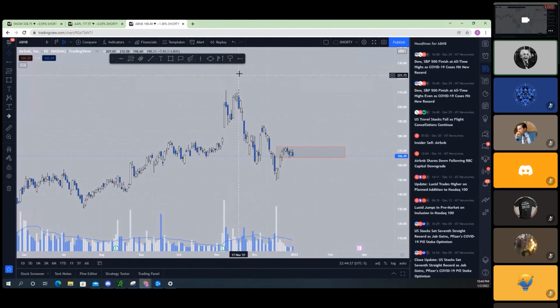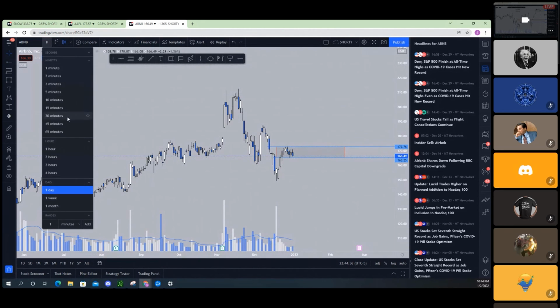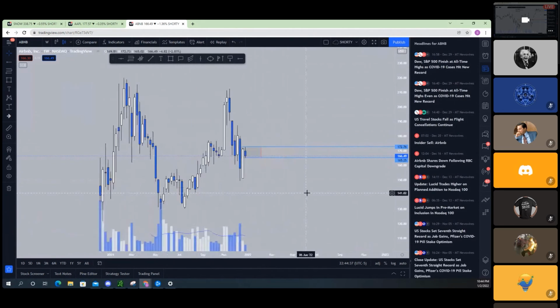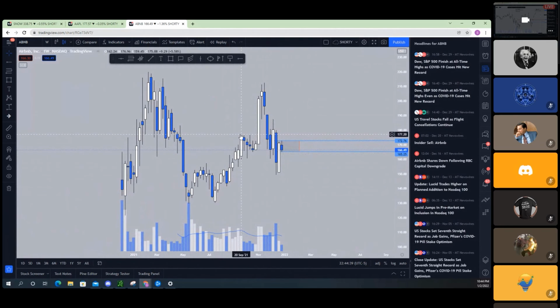This is an interesting range. 172. It's been in this range for a while. It's been 177 now to the low 149, but a lot of time.